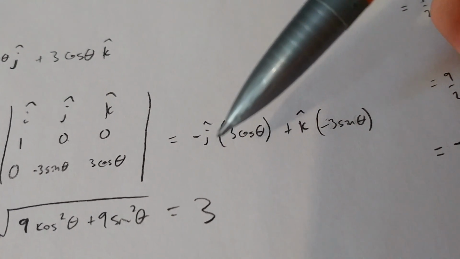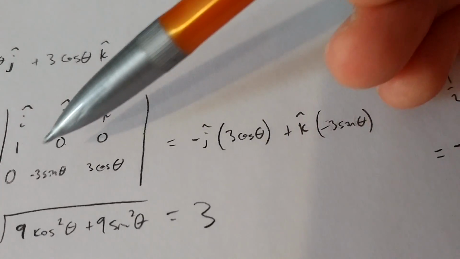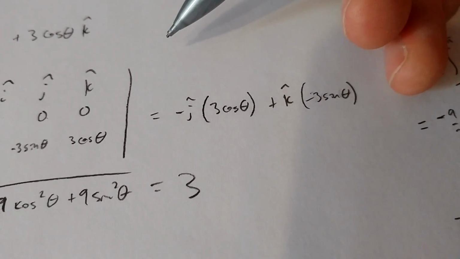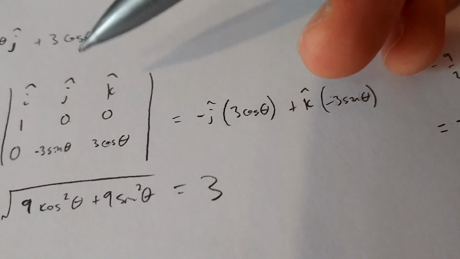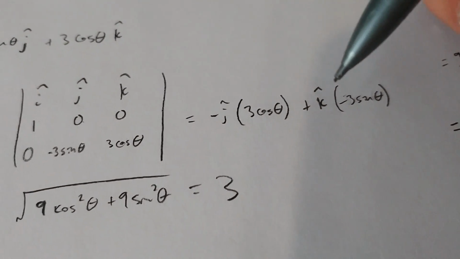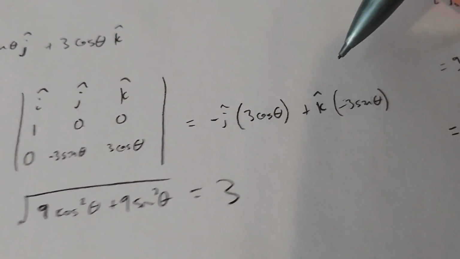Then you have minus j hat times 1 times 3 cosine theta, and then minus 0. And then plus k hat times 1 times negative 3 sine theta. And then the opposite side, that's 0. Alright, so we just have that.